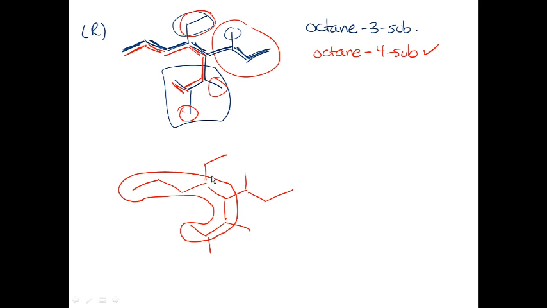So I'm going to number down here from 1, 2, 3, 4, 5, 6, 7, 8, because that gives me the first substituent at carbon 2. If I numbered from this end, I'd end up at carbon 4. Okay, so what do I have? I've got a 2, 3 dimethyl. On carbon 5, I have an ethyl group.